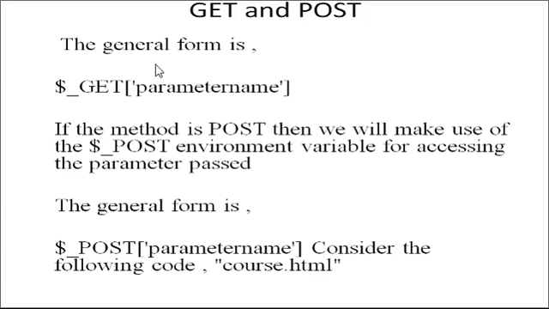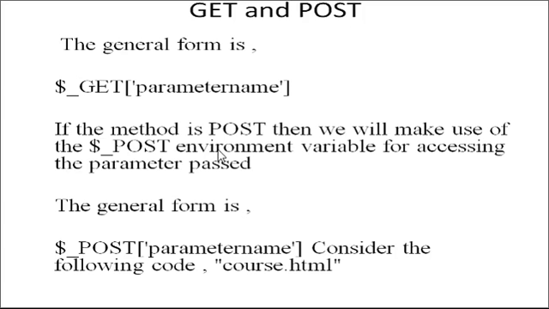For get, the general form is $_GET['parameter']. If the method is post, then we will make use of the $_POST environment variable for accessing the parameters. The general form is $_POST['parameter name']. Consider the following HTML form for post.